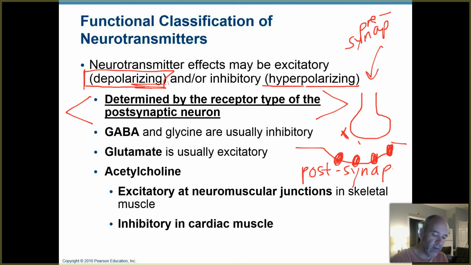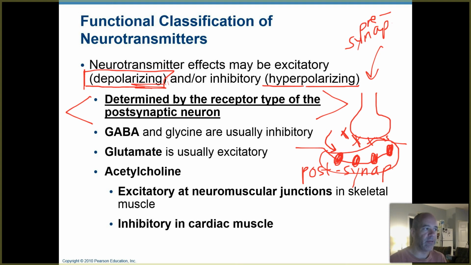So the neurotransmitters come out of the axon terminals, they diffuse across, and they bind to those receptors. So it's all about these guys and what happens after the neurotransmitter binds to those that determines whether or not the postsynaptic neuron membrane is going to depolarize or hyperpolarize.